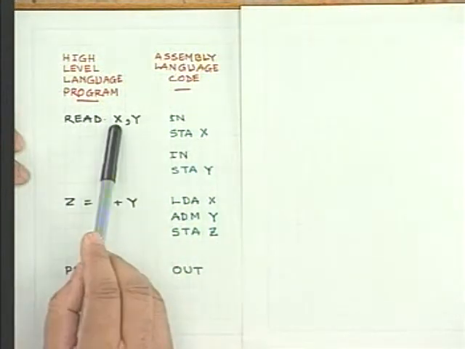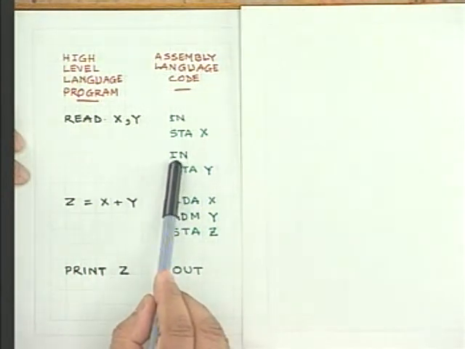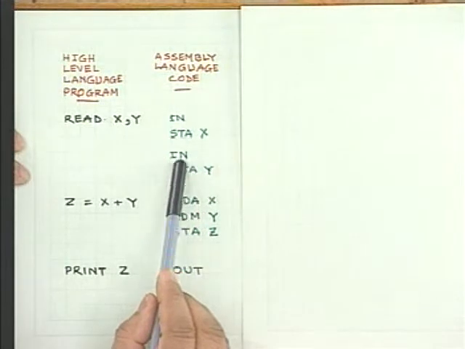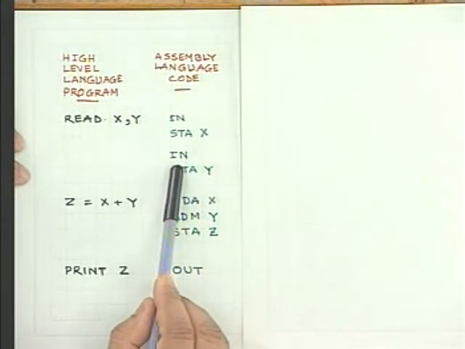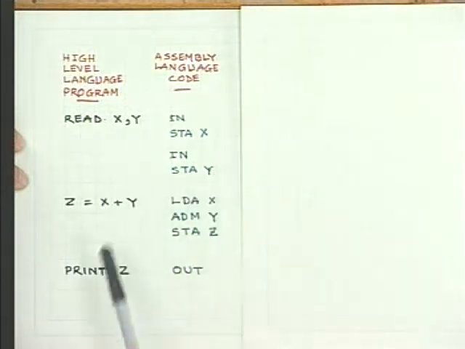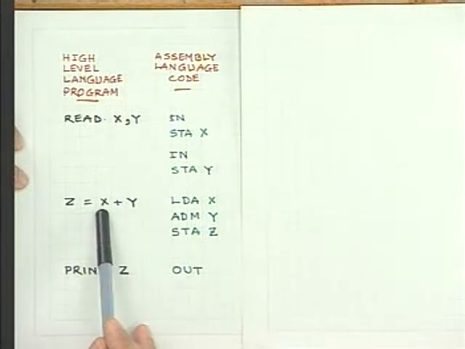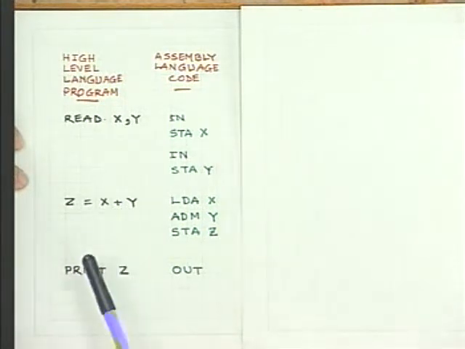That is, read x is over, then it is read y once more. That means from the standard input device, another 2 bytes are read, and then it is storing that accumulator into the y location. Then here I am computing z is equal to x plus y.